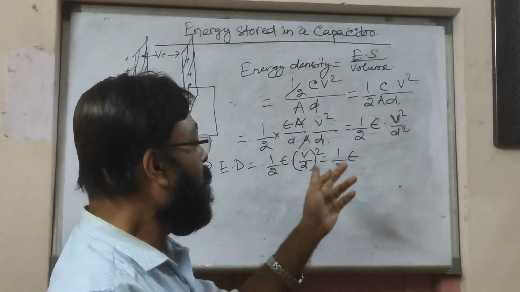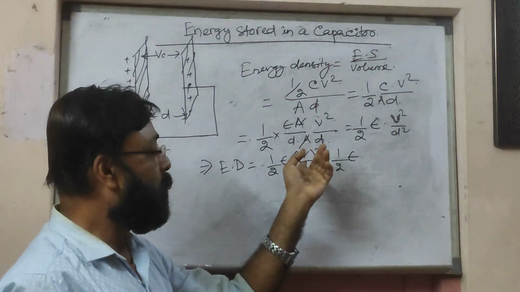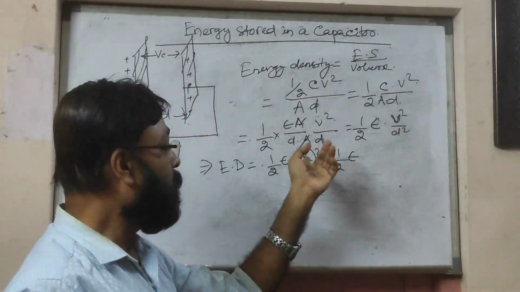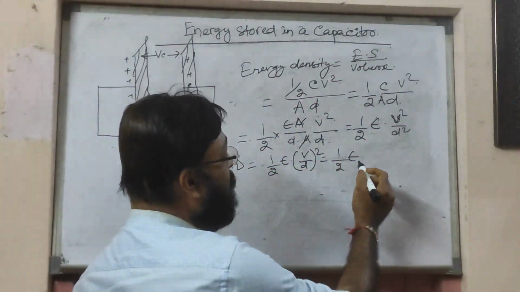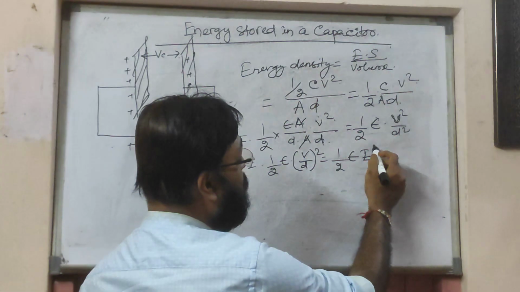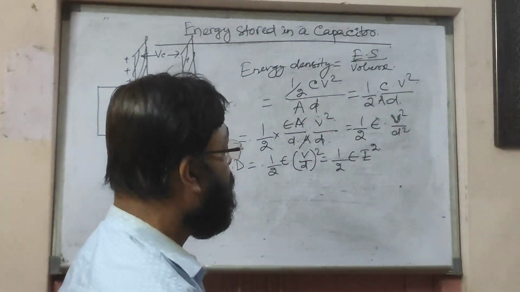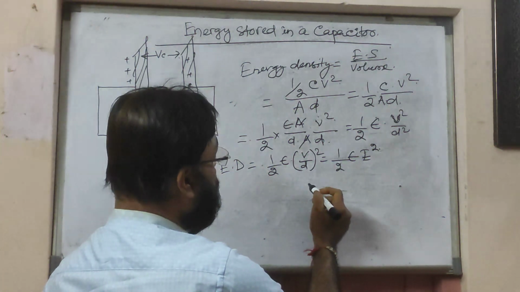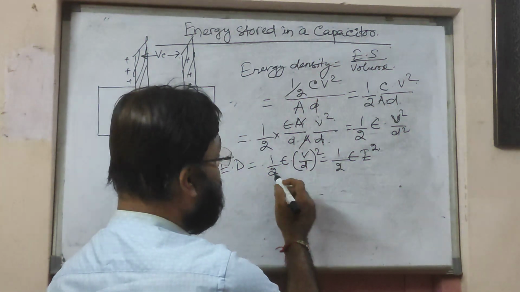Because we know that the magnitude of the electric field intensity is dV by dx in differential form, in place of V by D we can write E. That is the electric field intensity, and that is the energy density.